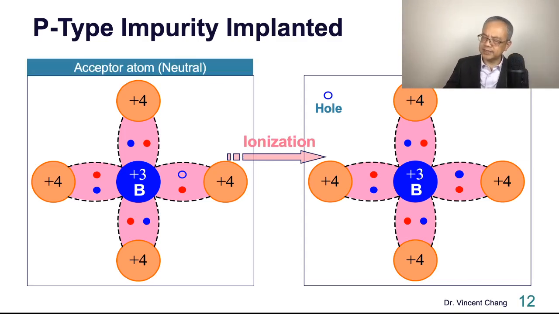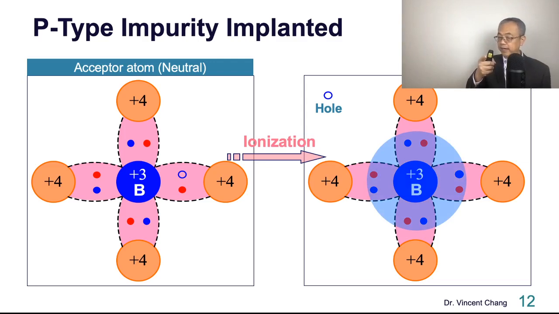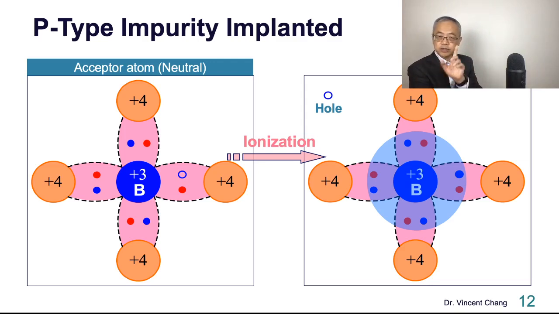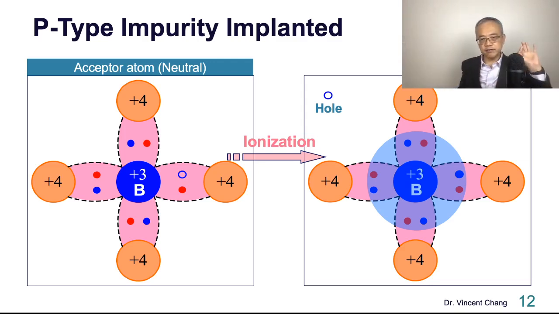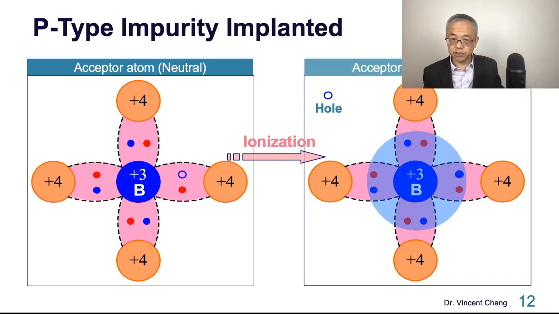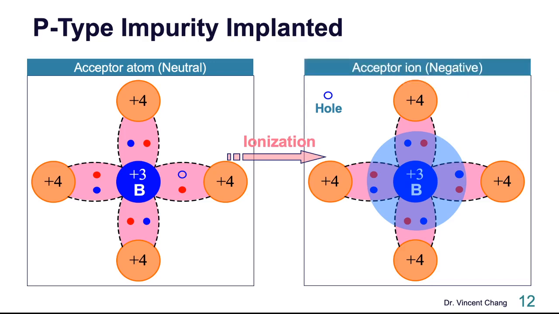So when ionization happens, when a positive charge carrier is released, the parental body again carries a charge. What kind of charge? Positive 3 plus negative 4 equals negative 1. This negative 1 charge in the parental body is called the acceptor ion.